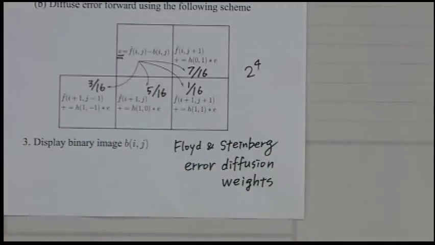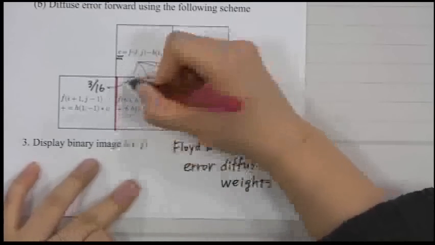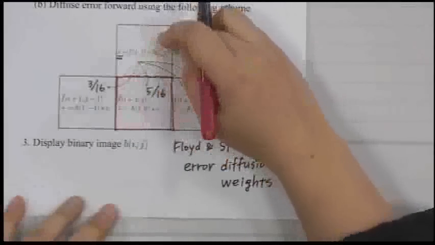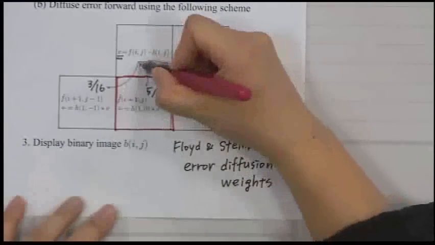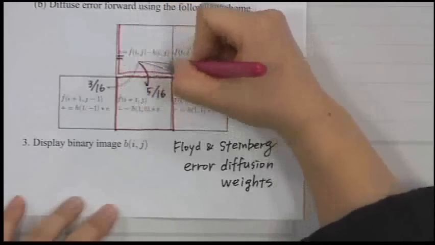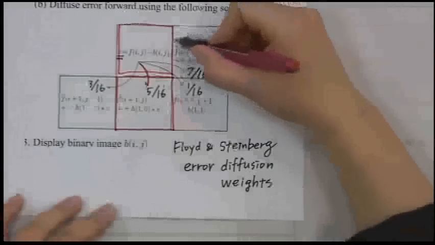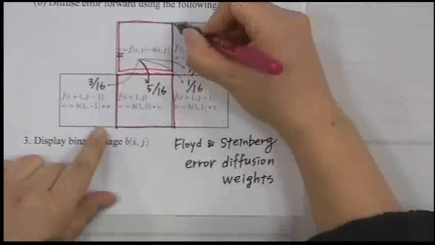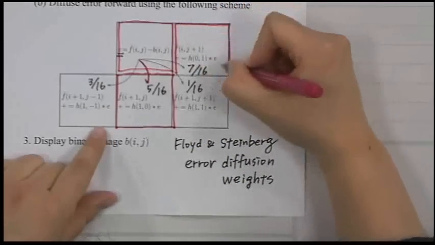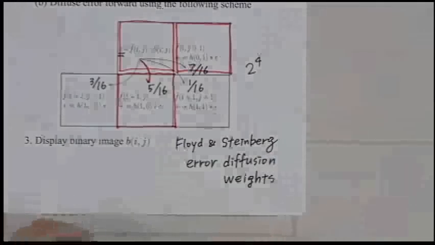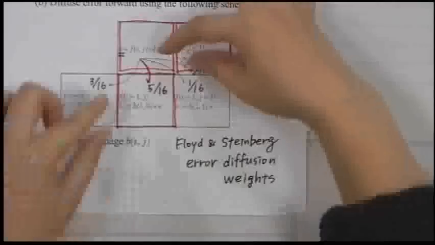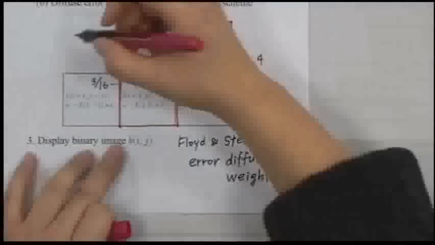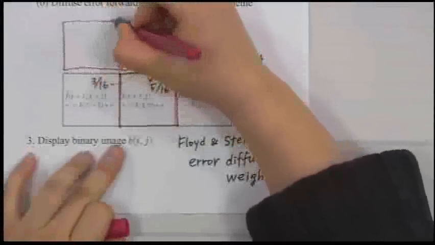Does it make sense? So we are looking at this pixel. This pixel gives error to this person? Yes, obviously, yes. How about this pixel? Yes. So basically, we can move this relationship spatially. Okay, how about this person? This pixel gives error to this person?